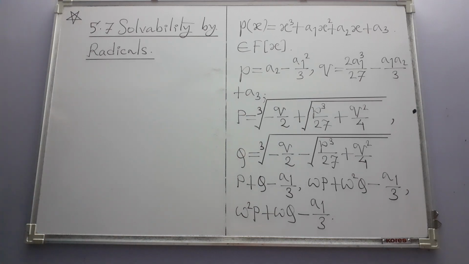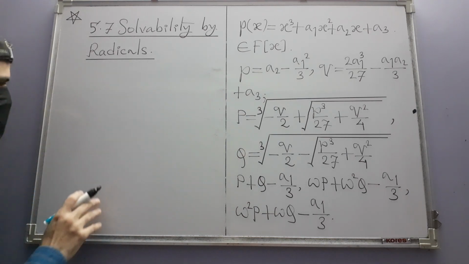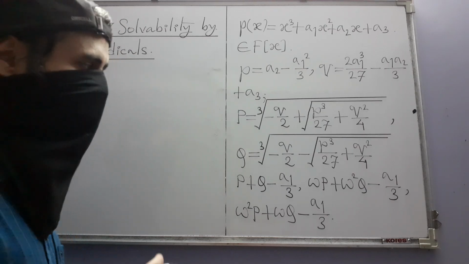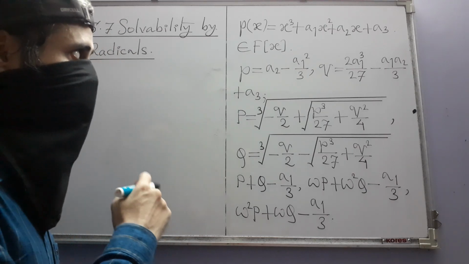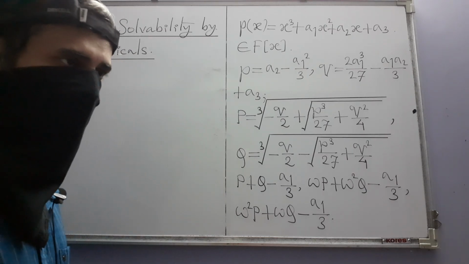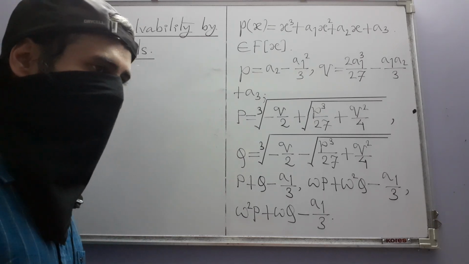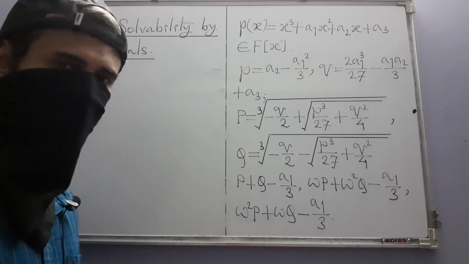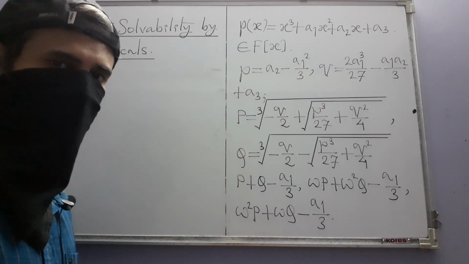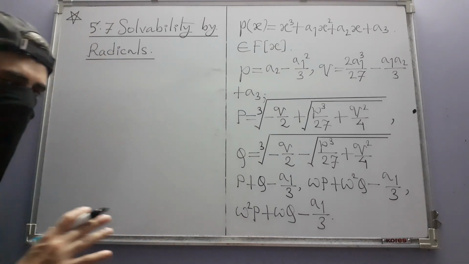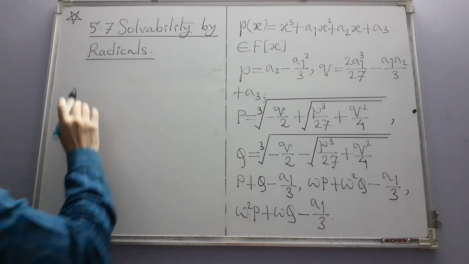In fact, it's enough to consider only monic polynomials. That's because if you consider a non-monic polynomial, it does not really add anything to the discussion. If anything, it just unnecessarily increases complexity.